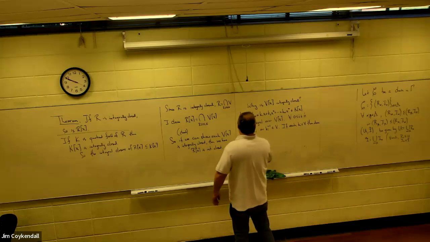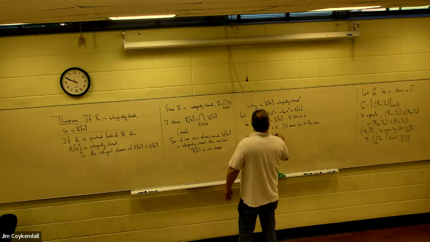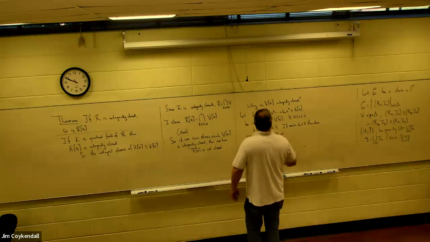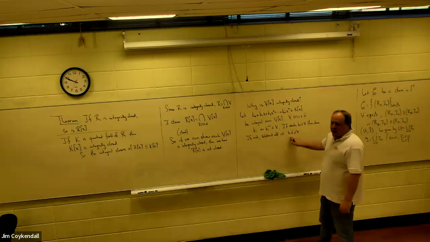If not, subtract off all k_i x^i in V. Why can we do that? Because sums of integral elements are integral, right?